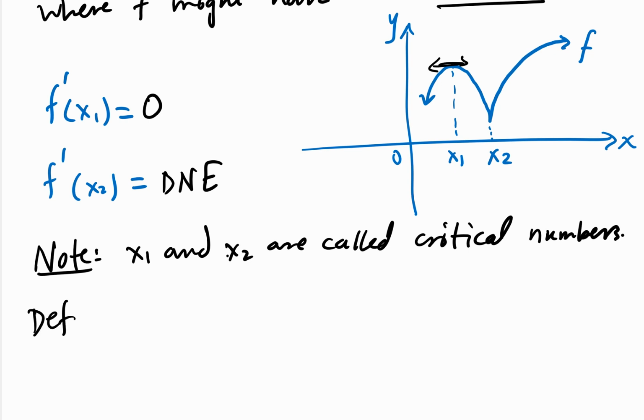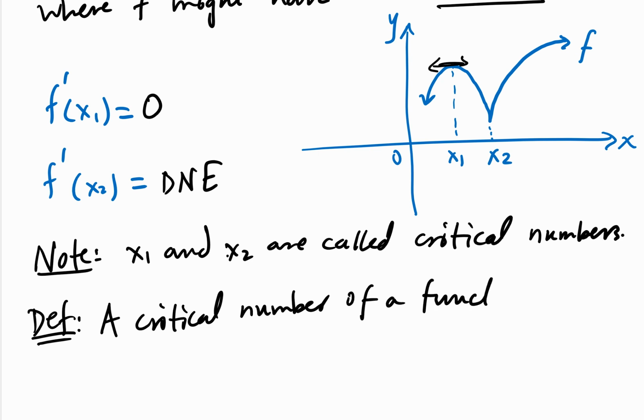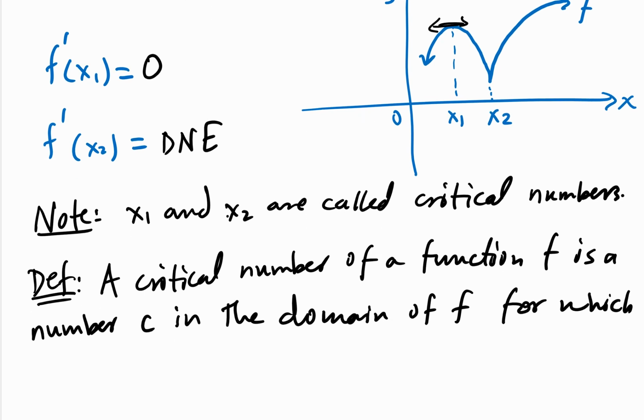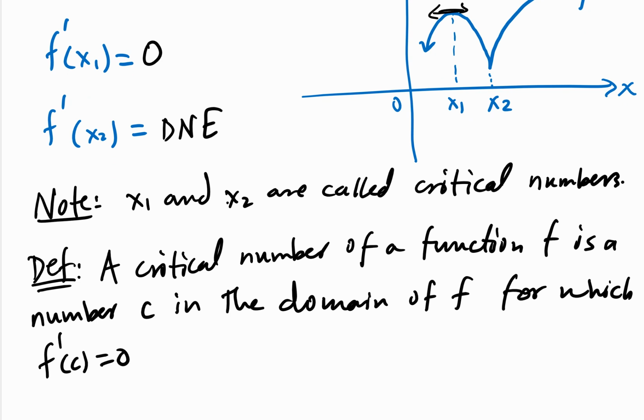So that motivates us to introduce a definition. A critical number of a function f is a number c in the domain of f for which f prime at c is 0 or f prime at c does not exist.